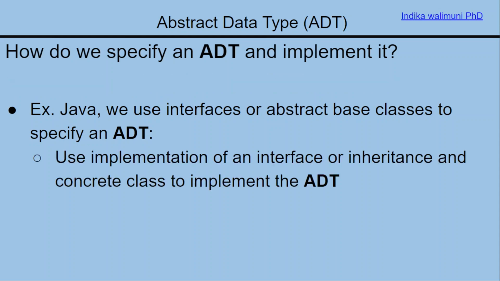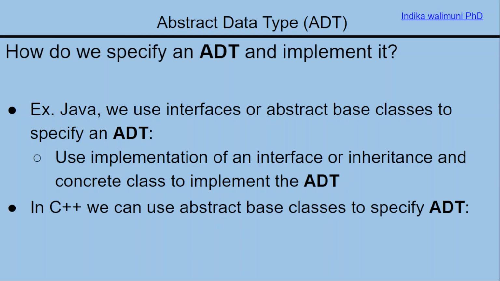Java allows two ways of implementing it. One is we can directly implement the interface if it's an interface. If it's an abstract class, then we can use inheritance and create a concrete derived class out of the abstract base class to implement it.